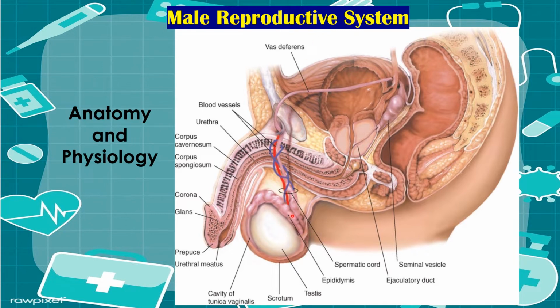Male sexual function depends on the normal level of testosterone and arterial blood flow from the internal iliac artery to the internal pudendal artery and its penile artery and branches.